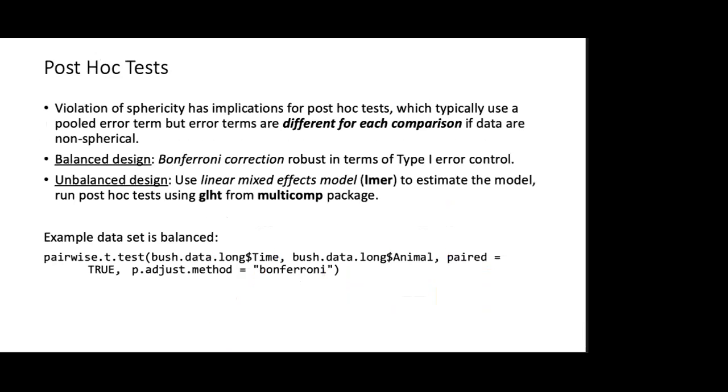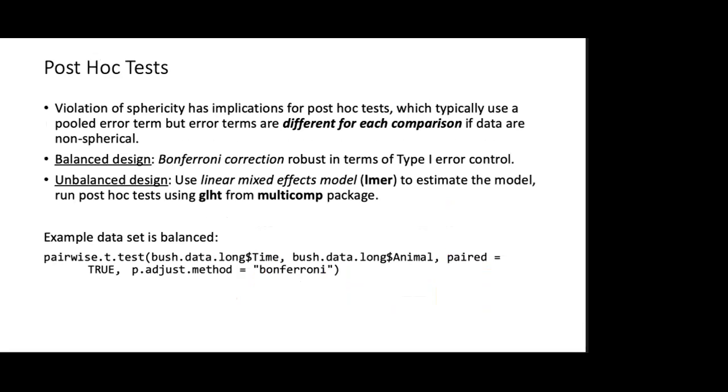Okay. So it's important to keep in mind, I just wanted to mention that, and I'm sorry, this takes me longer. When you're doing post hoc tests for repeated measures ANOVA, violation of sphericity also has implications for your post hoc tests.